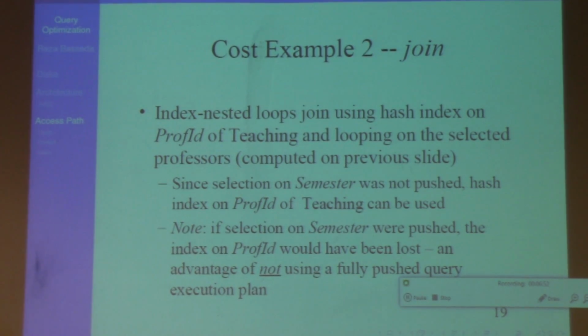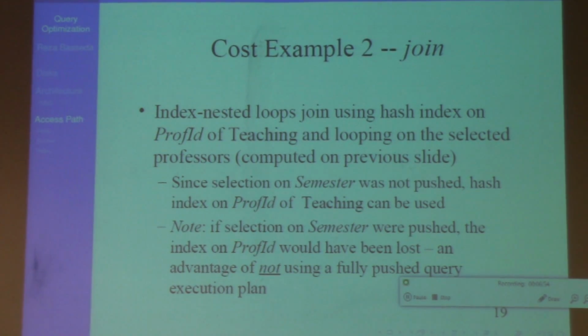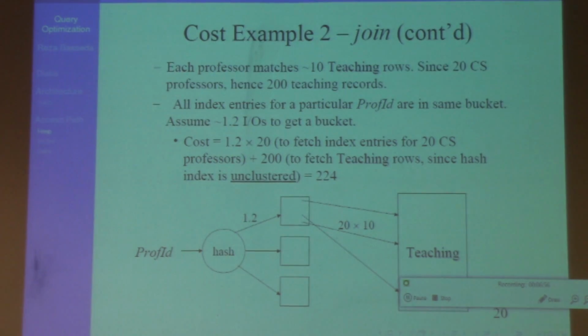Okay. So suppose that each professor is matching almost 10 teaching rows. Then for 20 CS professors, we have 200 teaching records.